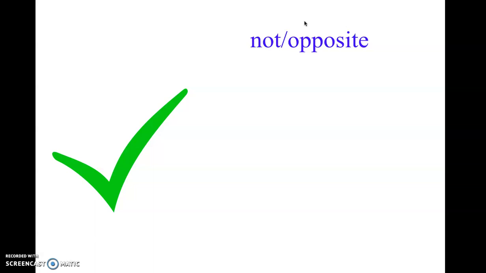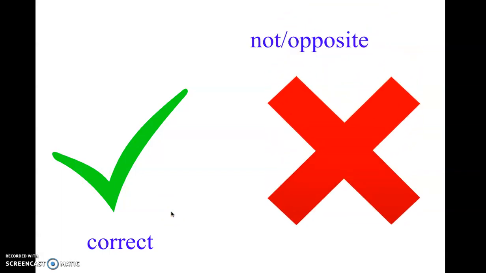We can't say unright. So we're going to use a synonym, a word that means the same thing or something similar. So the word correct. Typically when you see this, it is called a check mark. It means that you got that question correct. You got it right. However, if you see this mark, it would mean the opposite.